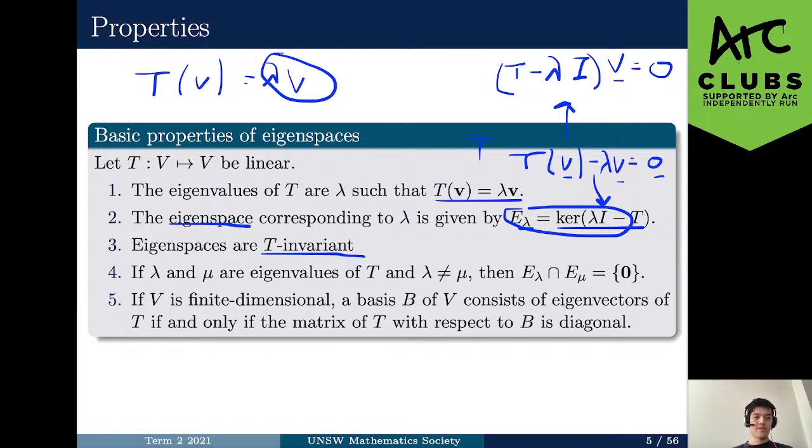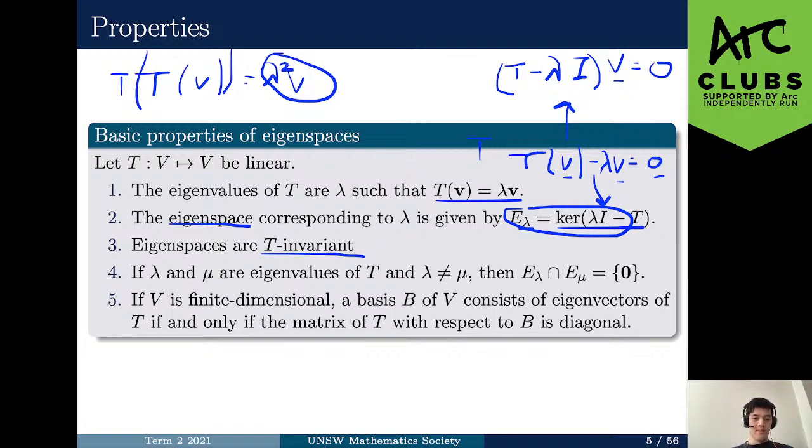Or a way you can think of it is if I apply T to this again, well, this is again an eigenvector, so I'll just get lambda squared. So when I apply T to an eigenvector, that's just saying that the answer I get is still an eigenvector, because it's simply a scalar multiple. Okay, so I guess that result should also sort of make sense. It's not really something that you just need to memorize, it should make sense.